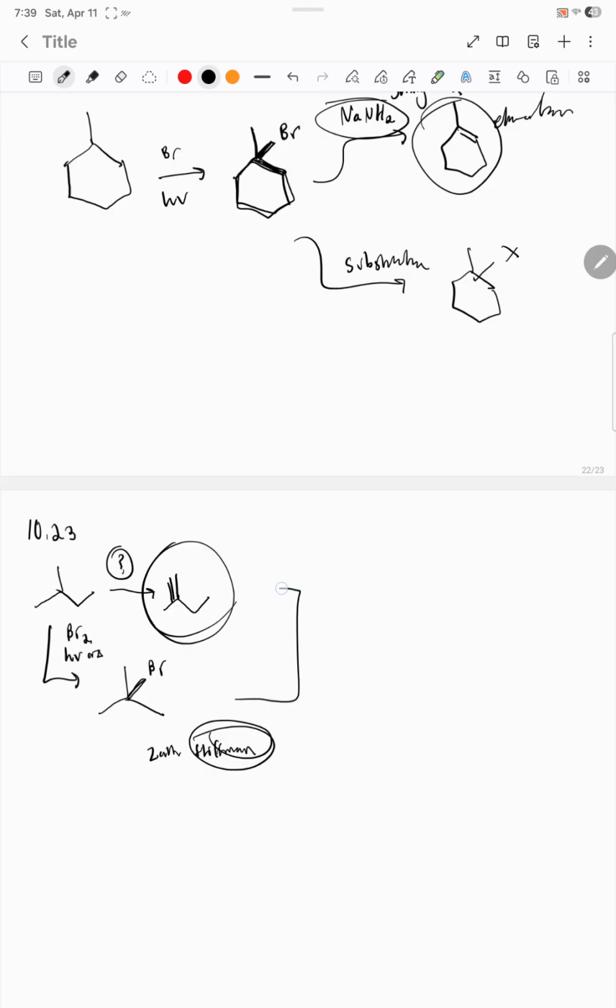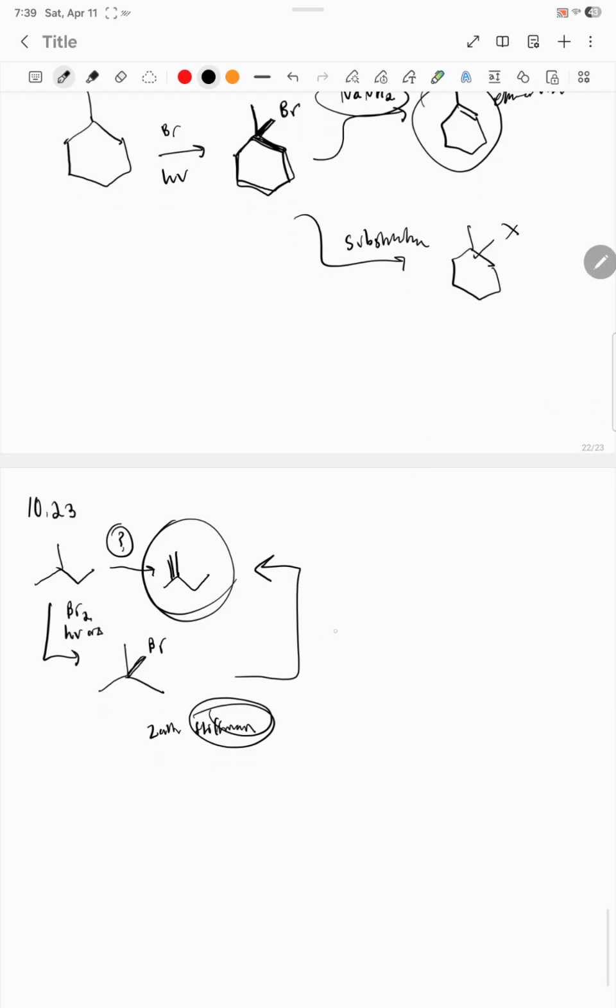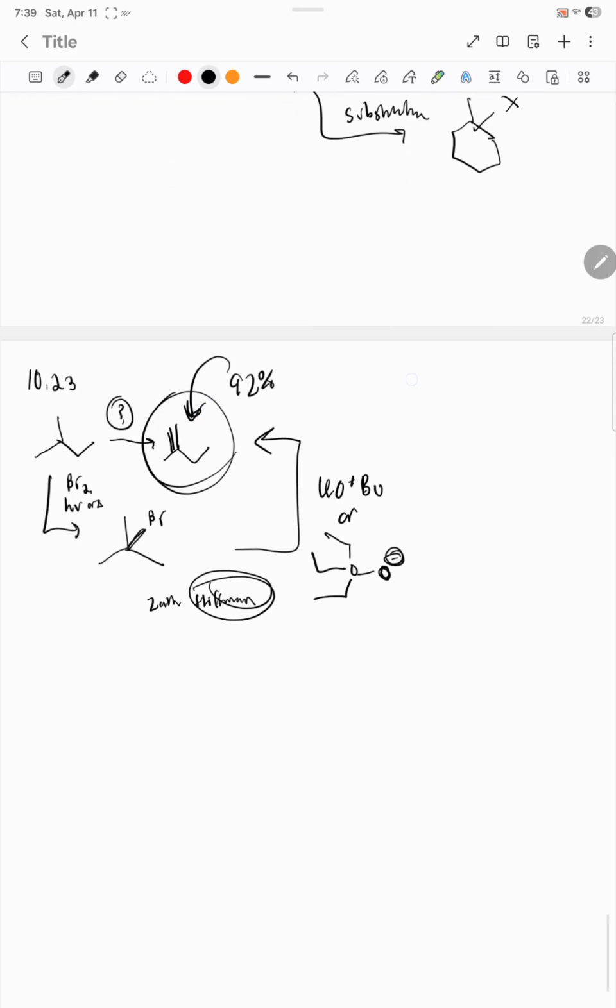So if you want to use something bulky, we could use tert-butoxide, or we could use something like this we saw earlier. Yeah, this will result in 92% of this product, and the other minority will be the Zaitsev, which would obviously point this way, but that's not what it's asking.